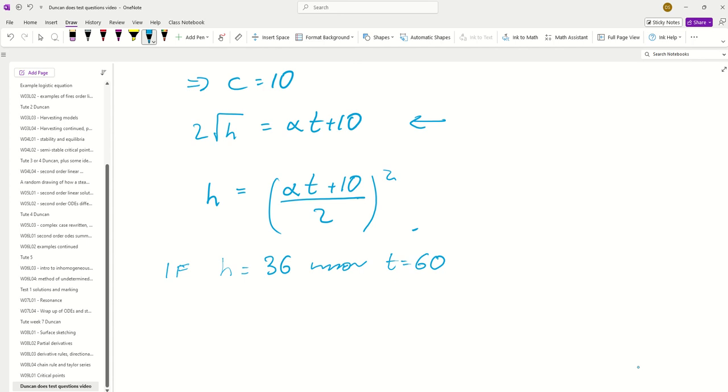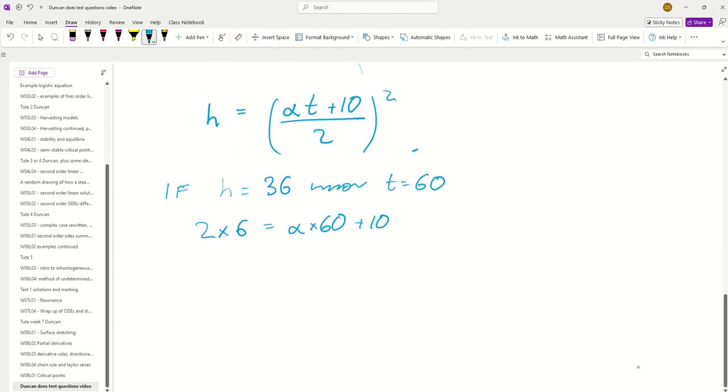We can back this up to save ourselves a couple of steps. So 2 times 6 equals alpha times 60 plus 10. So 12, we can subtract the 10 from both sides, so we have 2 equals 60 alpha, so alpha equals 1 over 30.